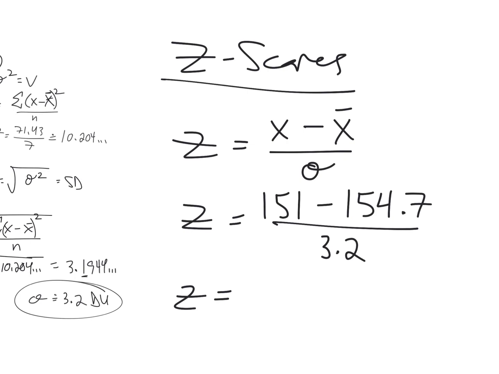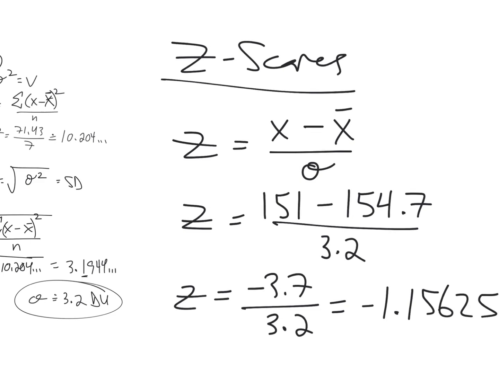let's calculate this, so 151 minus 154.7, that leads us to a deviation of negative 3.7 divided by the standard deviation of 3.2, and that equals negative 1.15625.